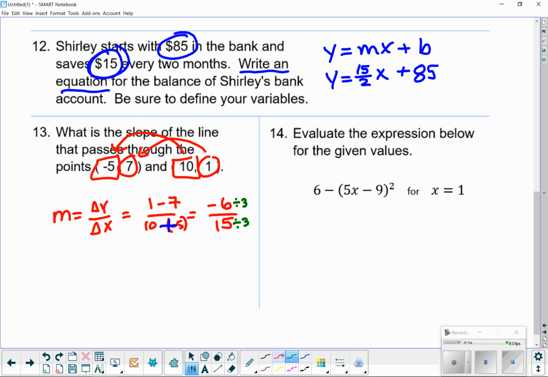This will actually make life a lot easier for you if you can utilize this successfully. -6 divided by 3 is -2. 15 divided by 3 is 5. That would be better if you can go down to -2 over 5. Okay, and then oh, we're not doing number 14, so that would be it.